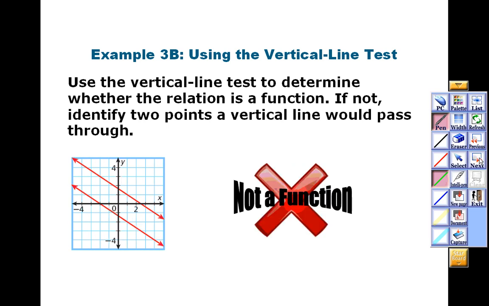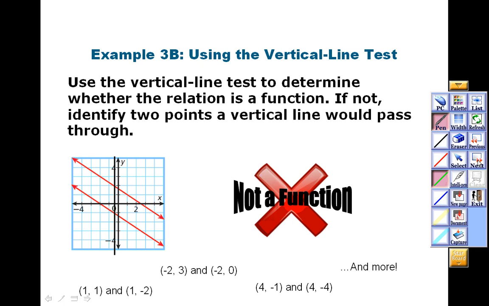So we need to identify 2 points that a vertical line would pass through. We have 1, 1, and 1, negative 2. We could have negative 2, 3, and negative 2, 0. We could have 4, negative 1, and 4, negative 4, and more. Those were just a few examples.